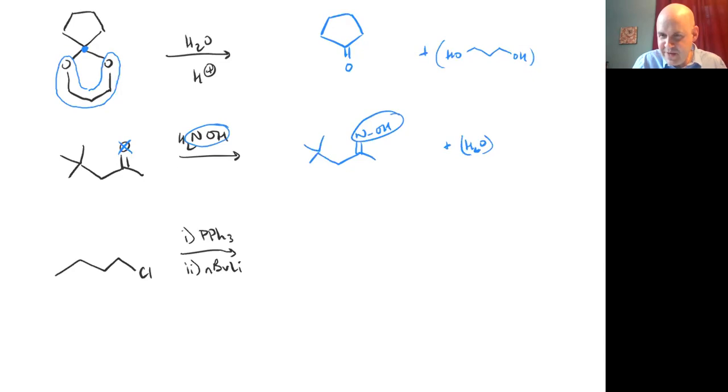All right, Mallory, you have a mic yet? Yes, I got it. Okay, wonderful. All right, so in this case, I am starting with an alkyl halide. I am adding triphenylphosphine and N-butyl lithium. You know what I'm going to turn this into? Would it kick off the Cl? Yep. Then what does the N-butyl lithium do?